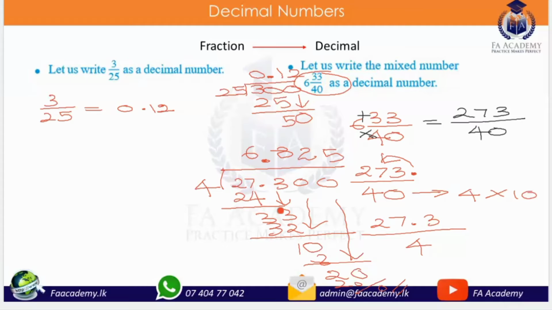So this is the answer for what? For this mixed number. So what's the answer over here? It should be, let me use the black pen to write it. So that's clear. It should be 6.825. So always do the workouts. The workouts which I have done here should be done on a separate paper.